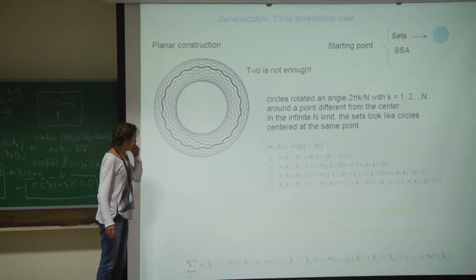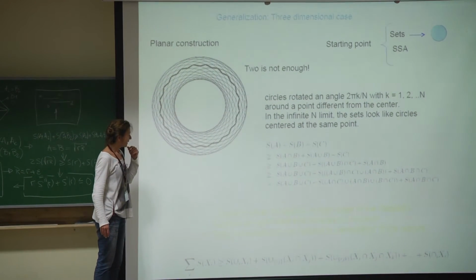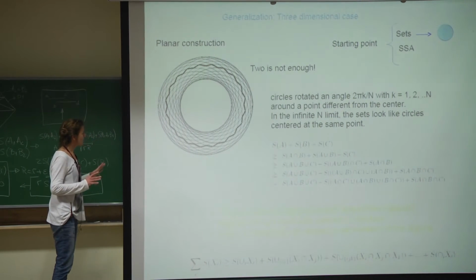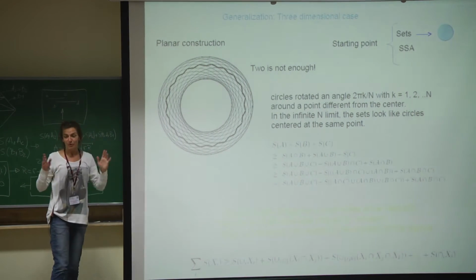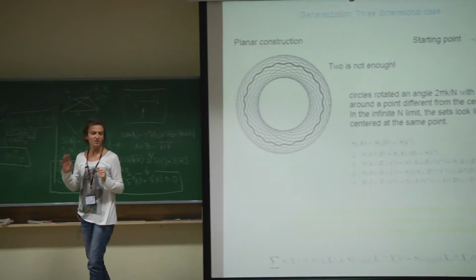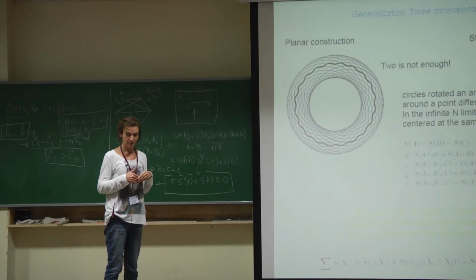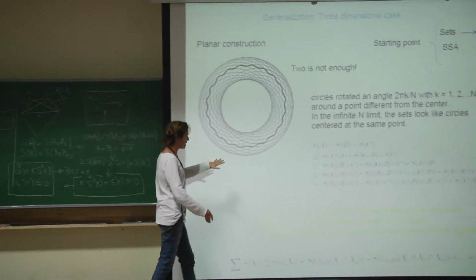And so we're saying, okay, with an infinite number of circles, we can try to use strong subadditivity. We have the same number.